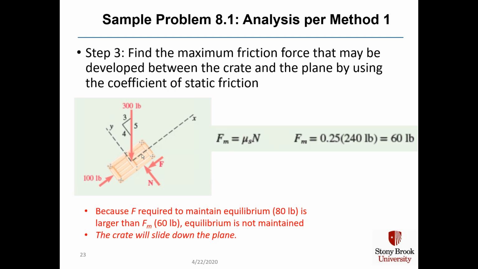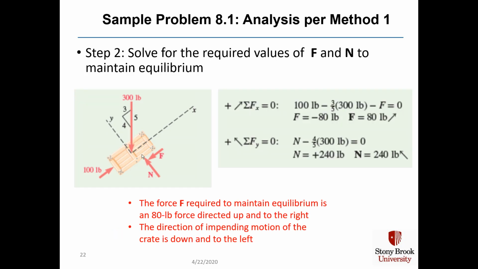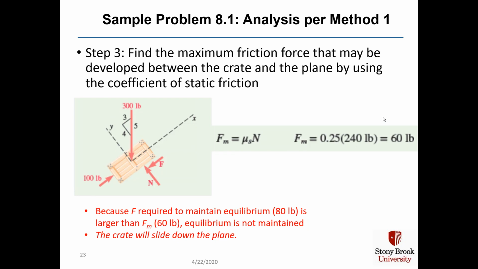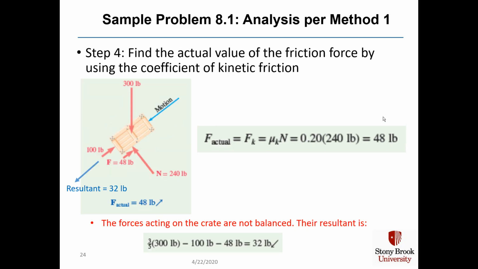And now in order to find the maximum frictional force, we multiply that 240-pound force by 0.25, and we see we only get 60 pounds. But that 60 pounds force is less than the force required to maintain equilibrium, which was the 80-pound force, which means that the crate's going to slide down the plane.